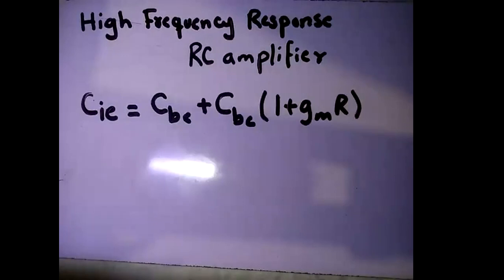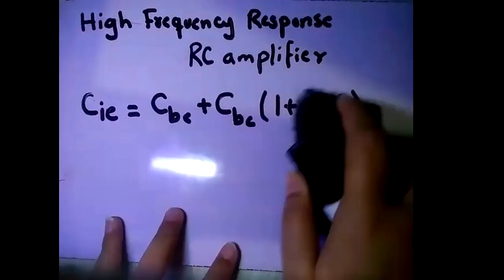So the internal capacitors have a significant role in high frequency response, although the bypass capacitors do not have that significant role: the collector bypass capacitor and the emitter bypass capacitor.